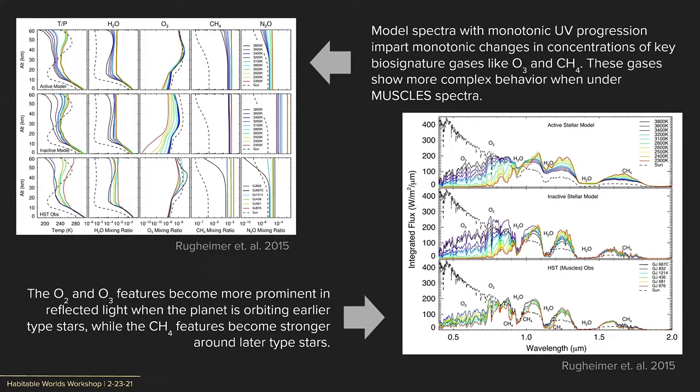And what that means for detection is it's a combination of things. So the amount of ozone that is in the atmosphere of the planet around this cool star, which is the black line, does have an effect on the strength of this ozone feature.